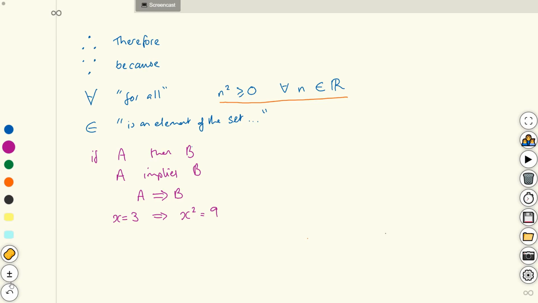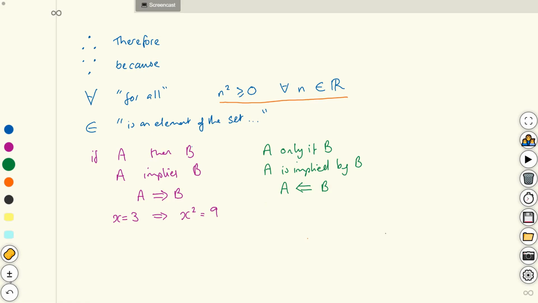Okay, and then going back to front, we can have A only if B. All right, so that means A is implied by B. Okay, so we would write that as A and then a backwards arrow B. So if B is true, then A is true.